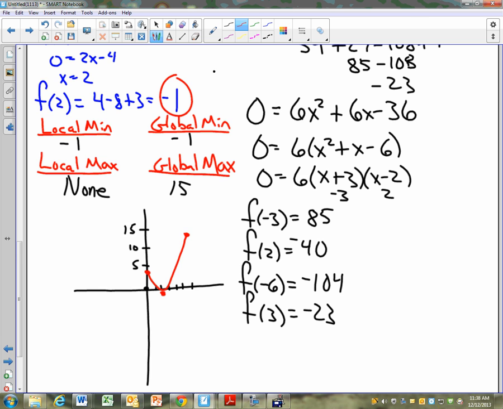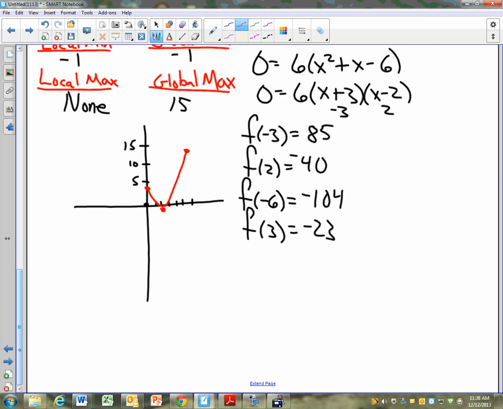Which one of these is going to be the global max? Right? Yep. And then what's going to be the global min?